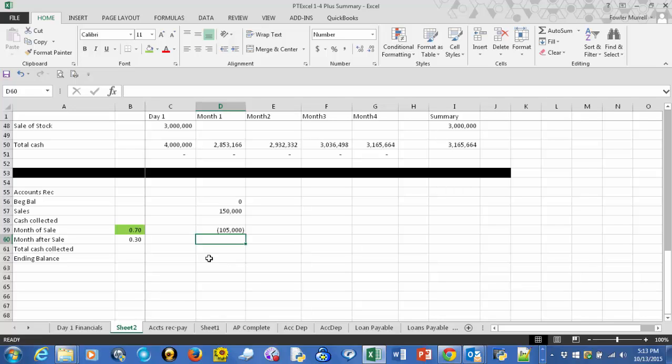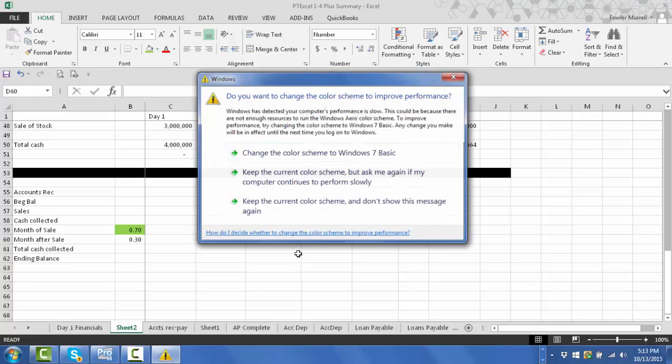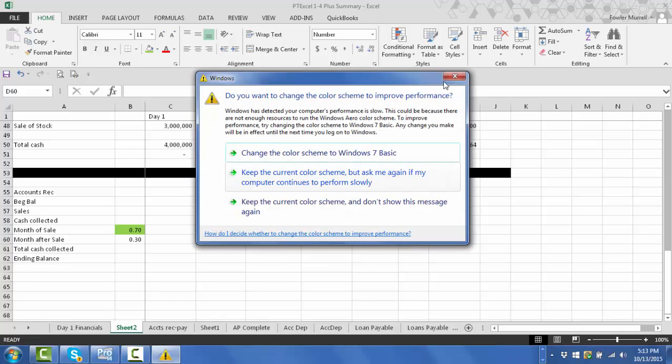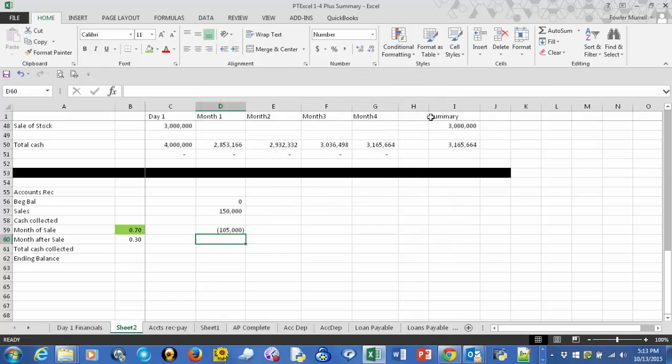Okay. In this column, this row, this is cash collected from sales in the previous month, but there were no sales in the previous month. Understand what we're doing here. This 105 represents what we've sold in this month. This row represents what we collect from sales from the previous month. We had no sales in the previous month, so that will be 0. But let's get a formula working.